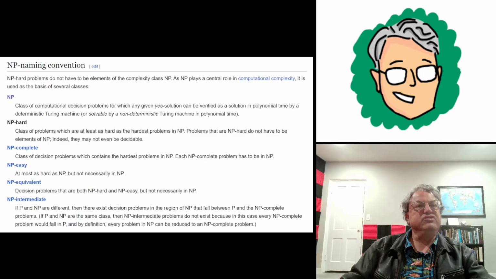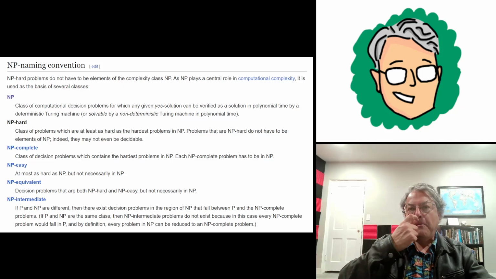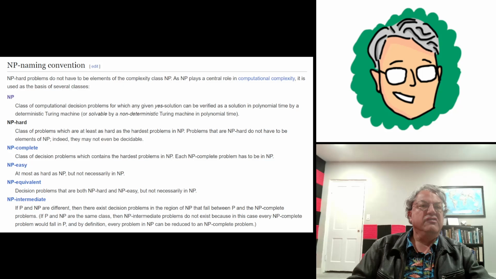I think NP complete are known to be NP, but they're not known whether they're P. But any other NP problem, I think, can be translated to NP complete problems. So it's kind of the most difficult class. I'm not an expert on this stuff, but anyway, I just thought I'd show you this.